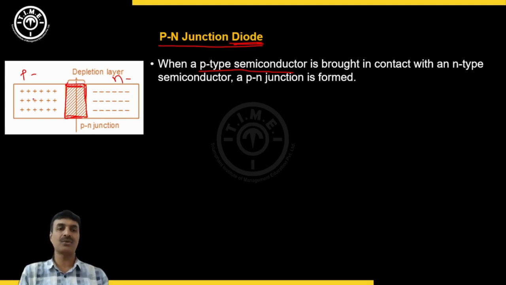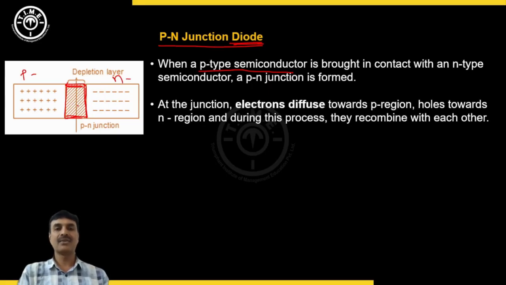To the left of it you have holes, and to the right of it you have electrons. But within this region, a recombination of holes and electrons takes place, which leads to a barrier. The potential difference maintained across this depleted region is called the potential barrier.